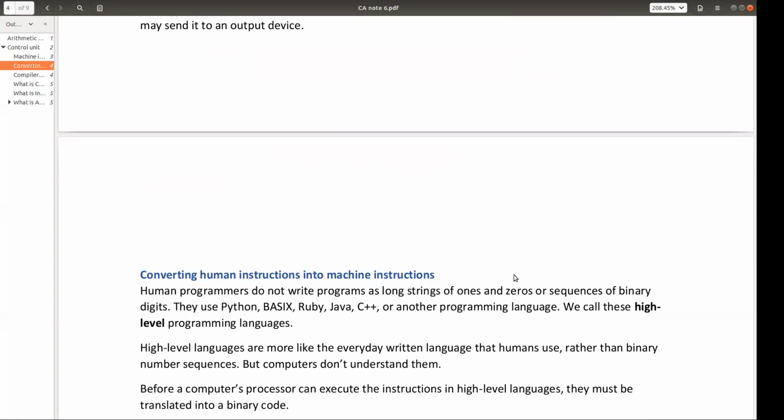Now basically we human beings cannot understand the language of the computer.